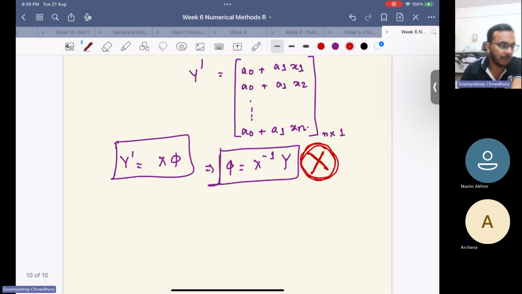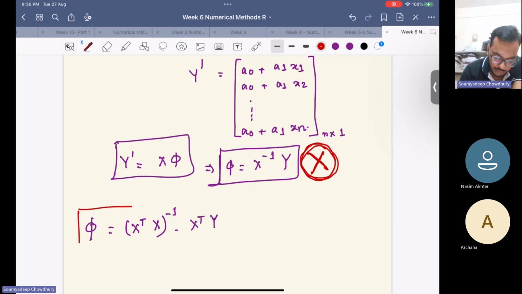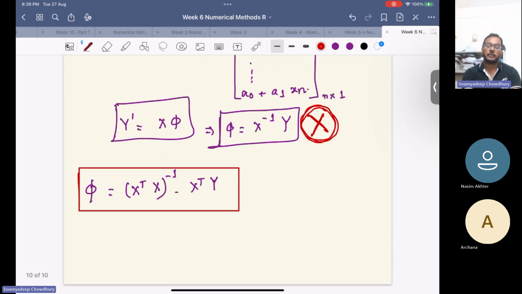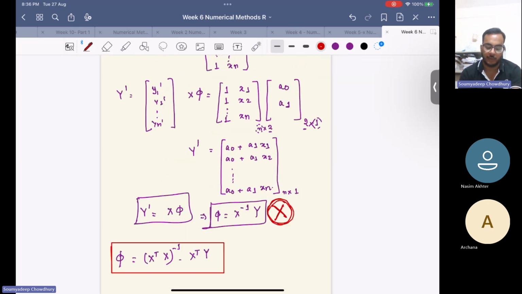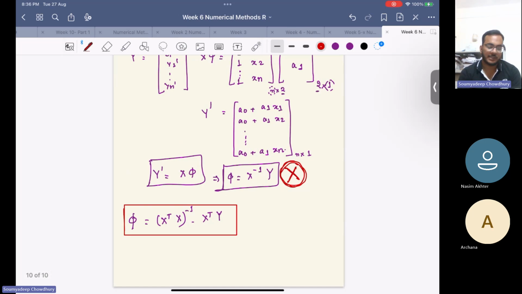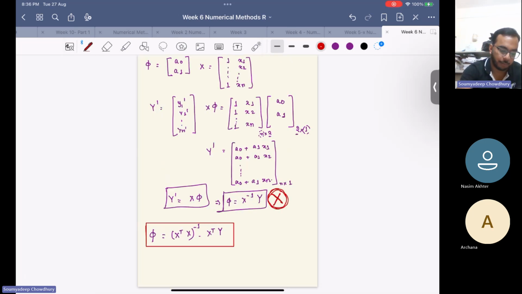You have to do some matrix manipulation, and you will see that this phi will be equal to x transpose x whole inverse multiplied by x transpose y. This derivation is not necessary for you. At least if you remember this formula, then you can easily get the coefficient matrices. So we'll solve the same problem with this approach. Is it clear to you?